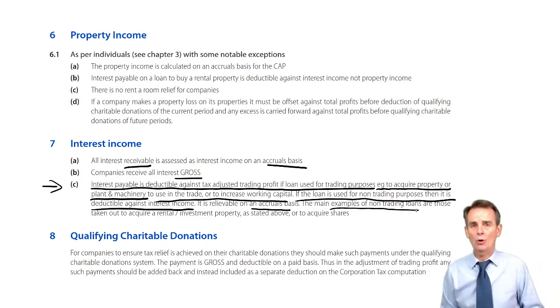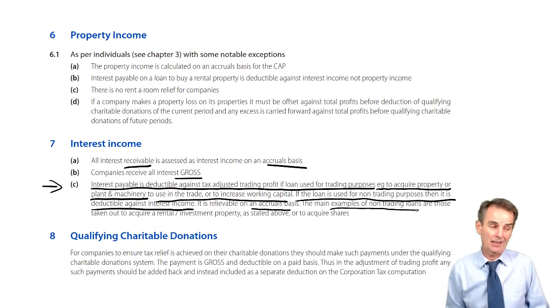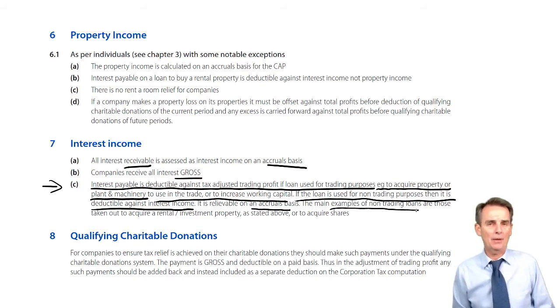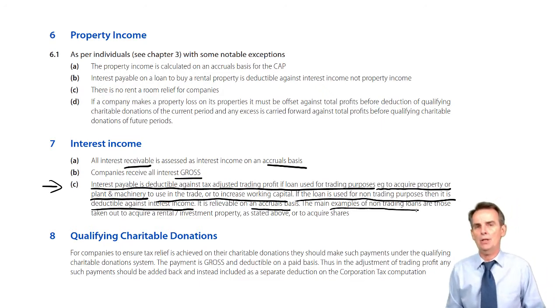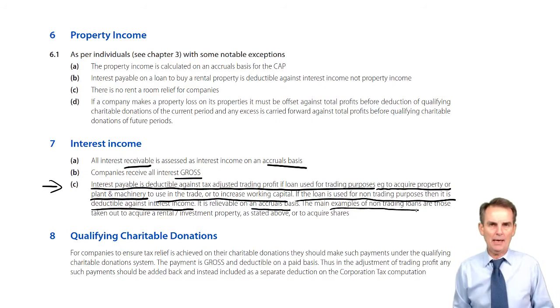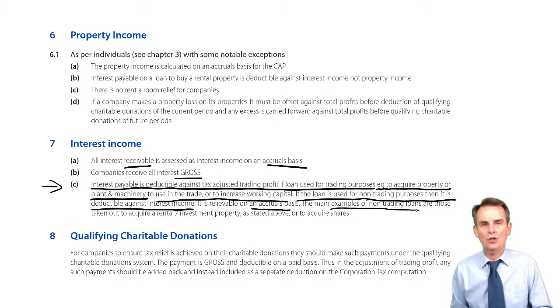It's not, however, what you do for companies, and it's for that reason that it often comes up in exam questions to test whether we know this. So interest payable on non-trading loans, whether that's for a rental property or anything else, as we'll see in a moment's time, is a deduction from your interest receivable.